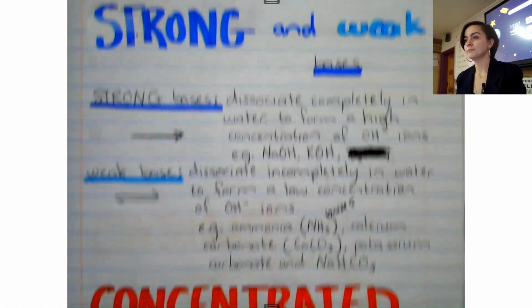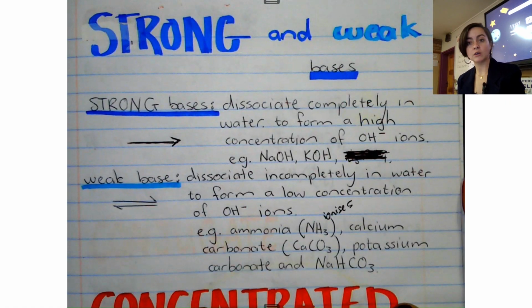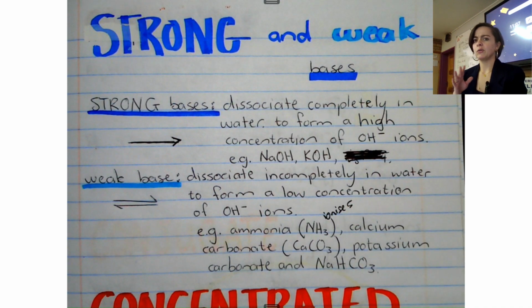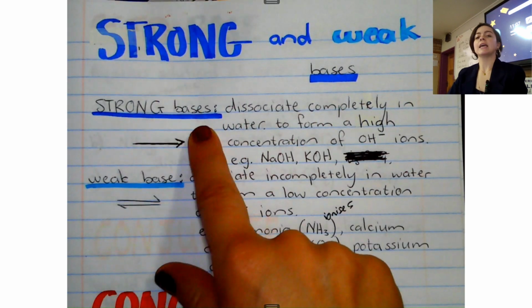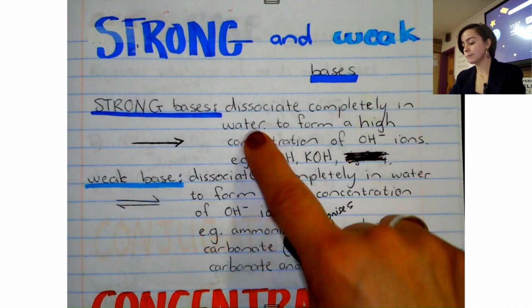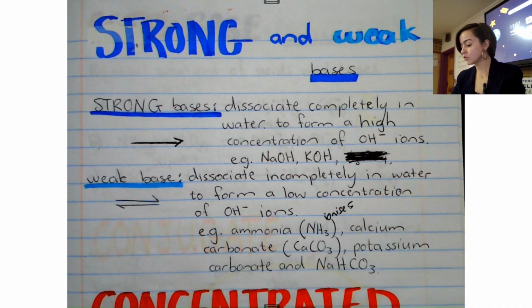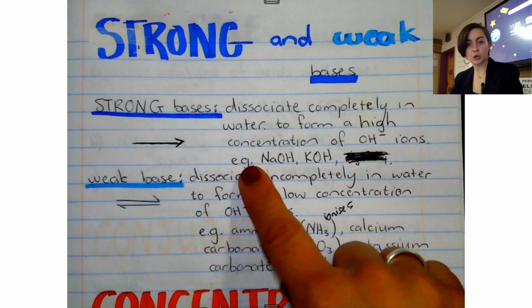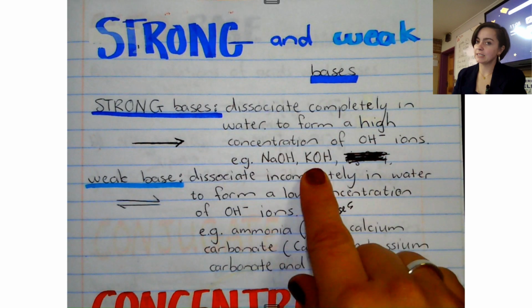Here, we now talk about strong and weak bases. Basically the same concept, just now we're talking about bases. A strong base, instead of ionizes, we say dissociates completely in water to form a high concentration of hydroxide ions. Your examples would be sodium hydroxide and potassium hydroxide.